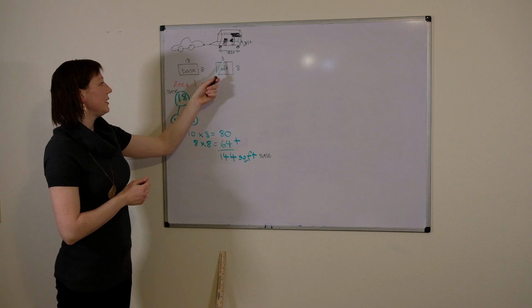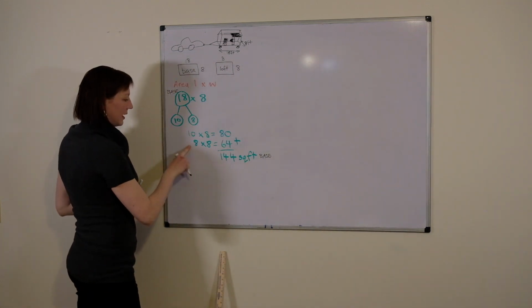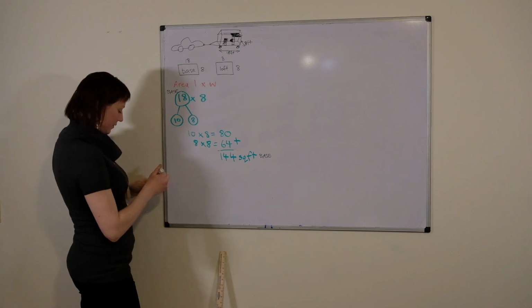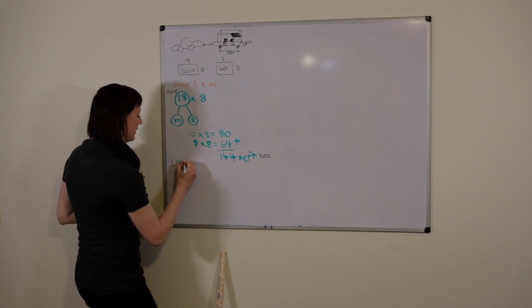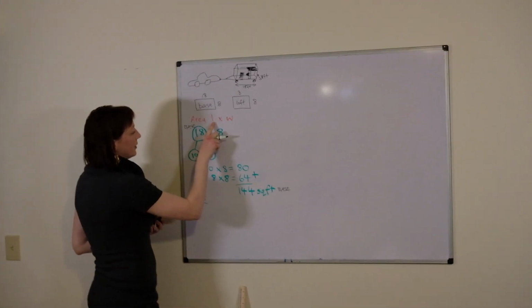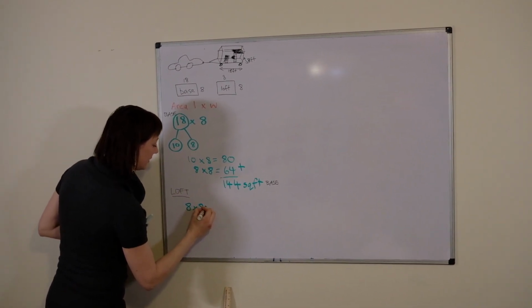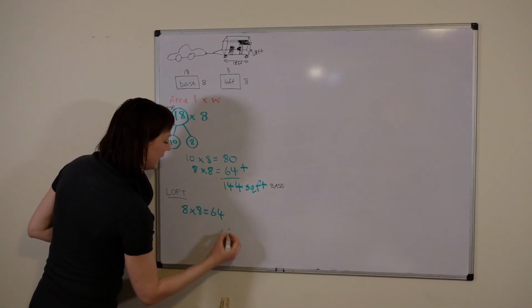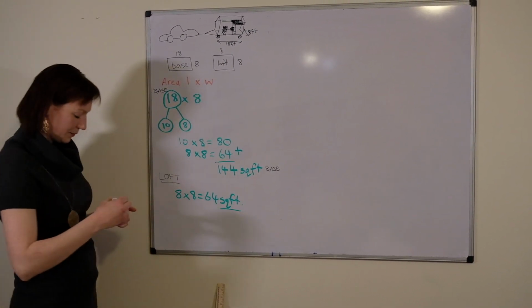So this one is easy, 8 times 8. And we already did that, didn't we? So for the loft, we're doing length times width, 8 times 8. And 8 times 8 equals 64. It's 64 square feet. We're measuring in feet.